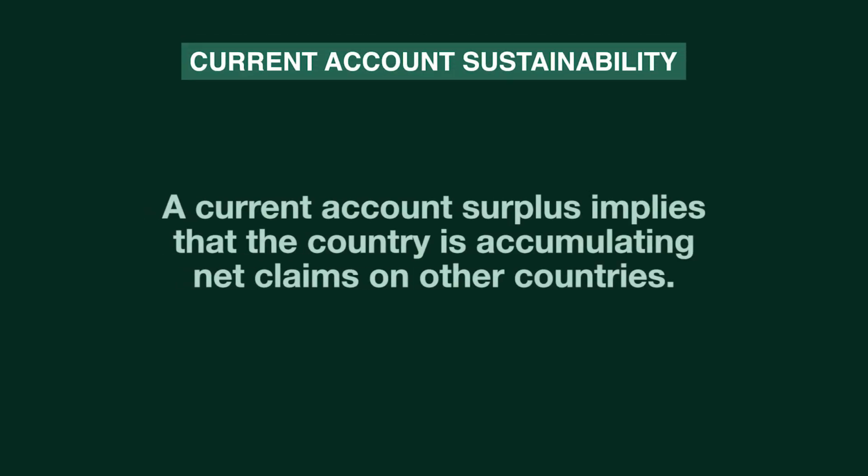The current account surplus for a country indicates that the country is exporting more than they are importing. In other words, these extra surpluses are given to other countries as loans to meet their deficit. Hence, we can call this current account surplus the net claims of the country on other countries.